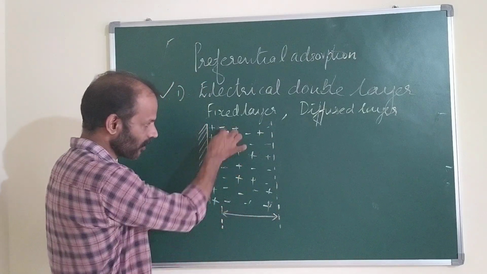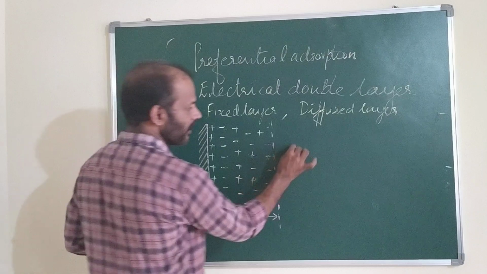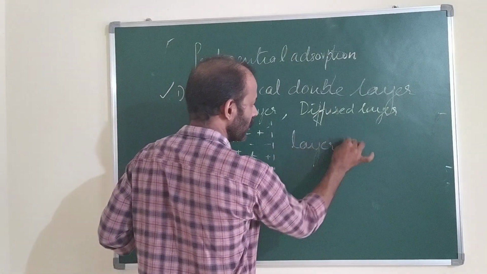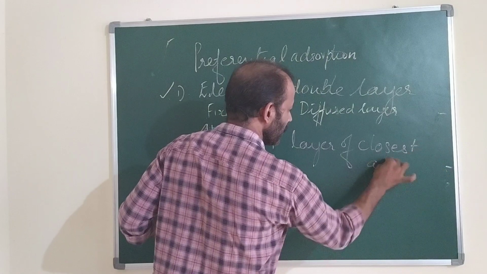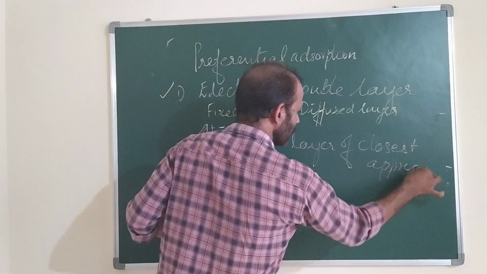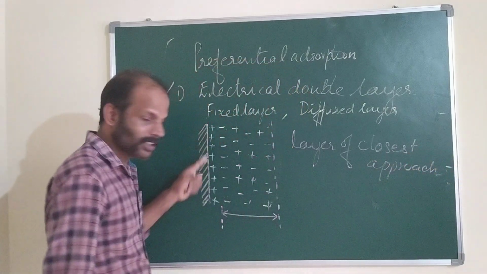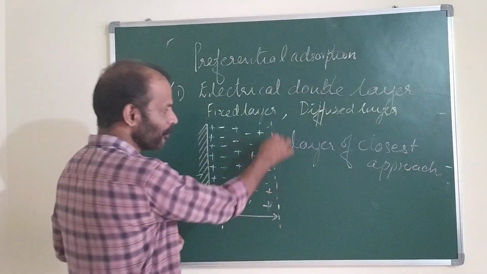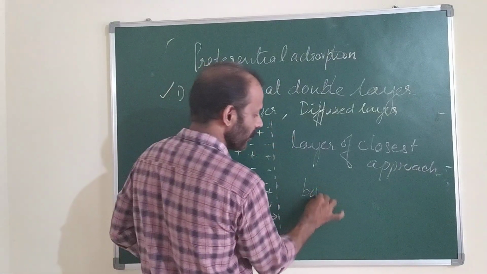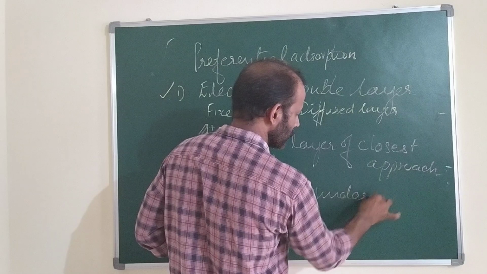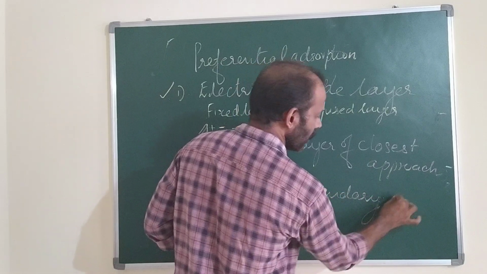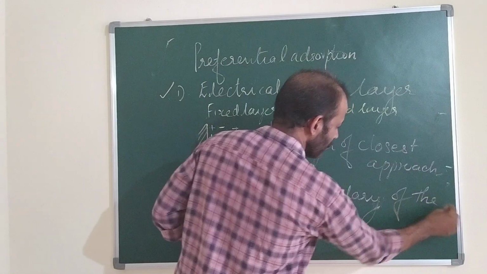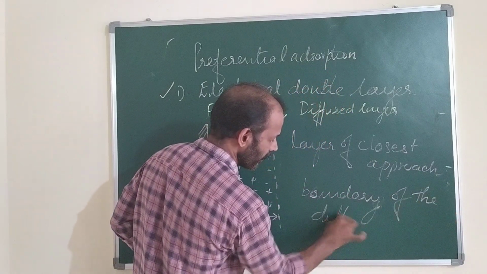So the layer of closest approach to the fixed layer and the boundary of the diffused layer.